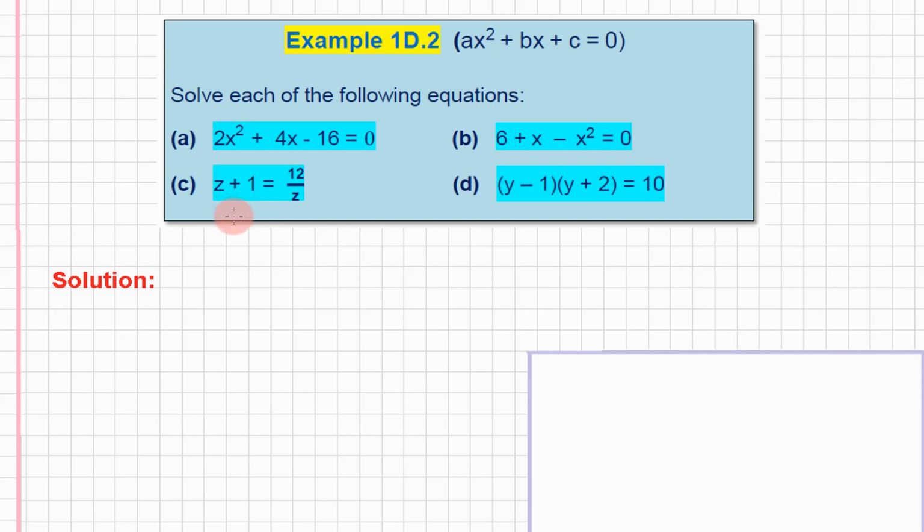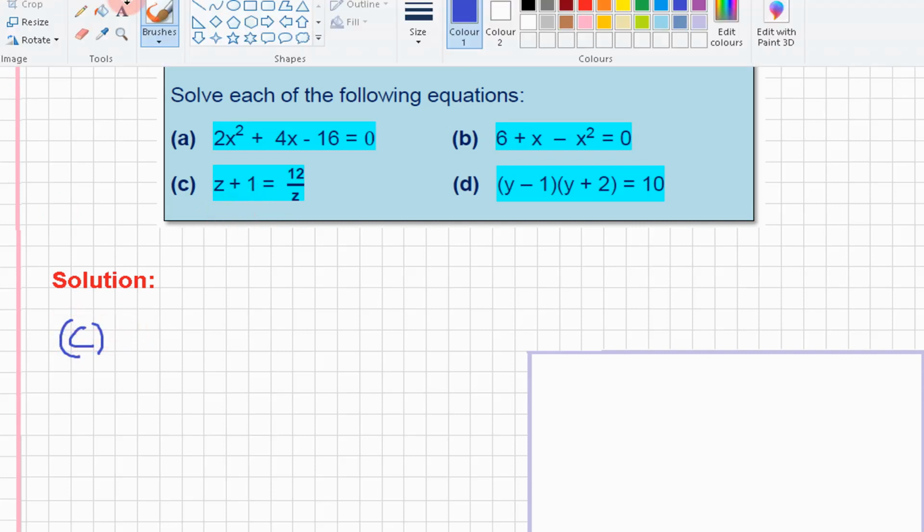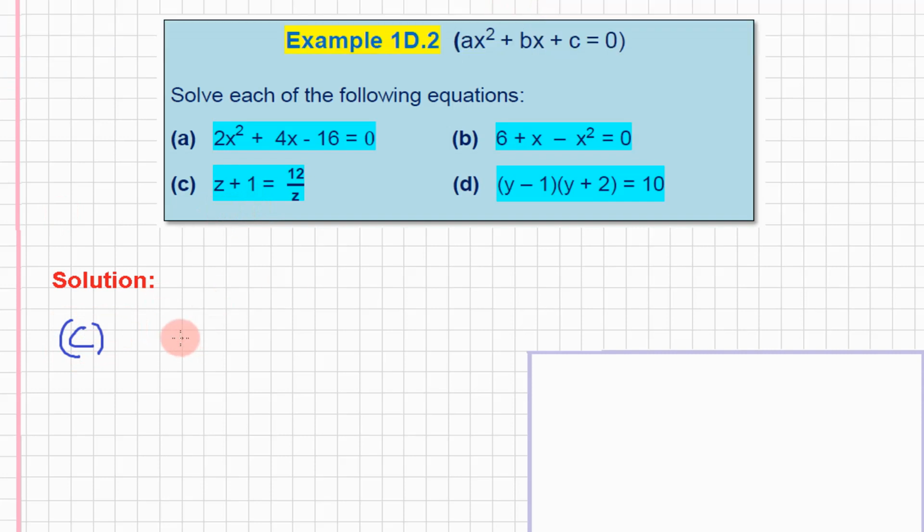Then going on to C, now we have a fraction in this equation, and we always try and get rid of fractions. We can do so by multiplying through by the LCD, which is z in this case.